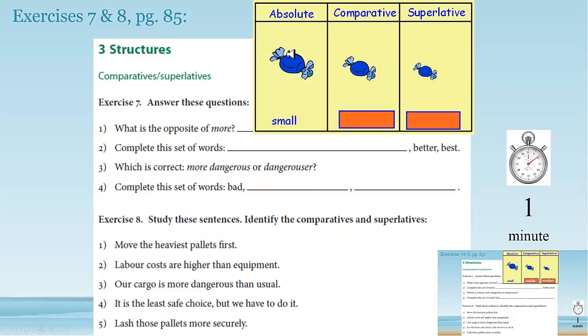So we take a piece of candy here. It's small. Candy's usually small. If we compare the size with this piece here, this one is smaller. So we take the suffix -er at the end of the adjective to denote less, comparing two things or more.